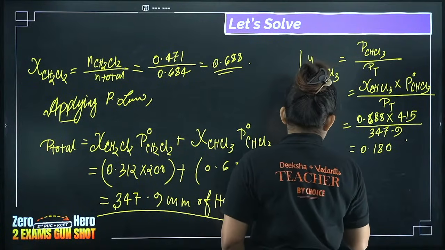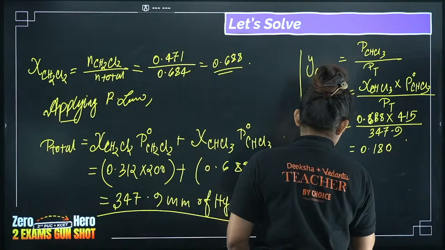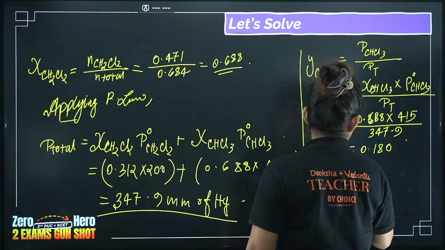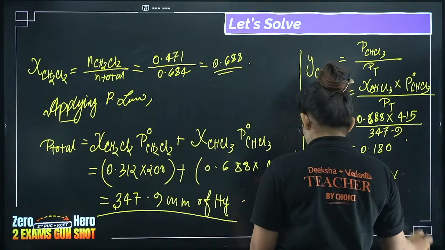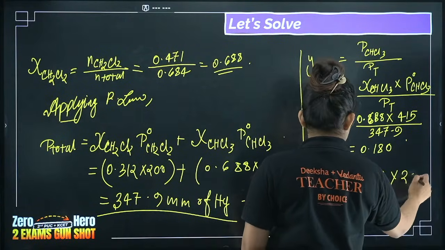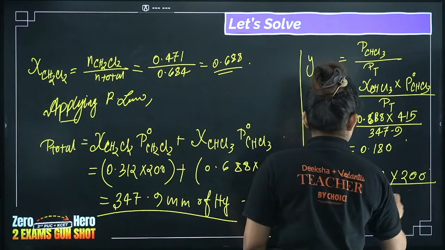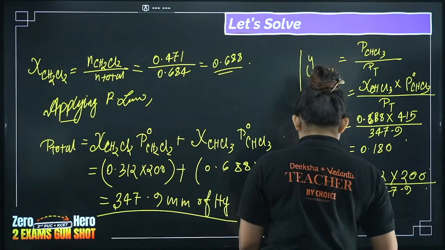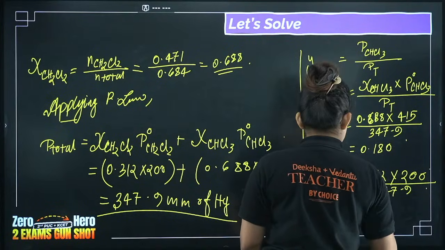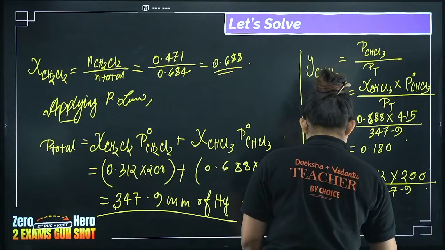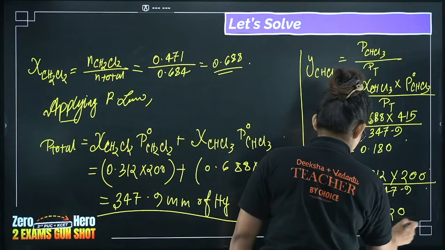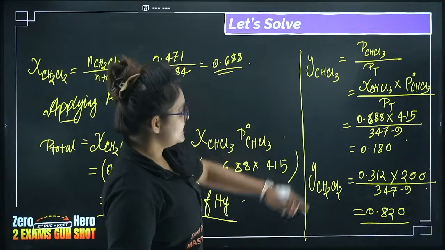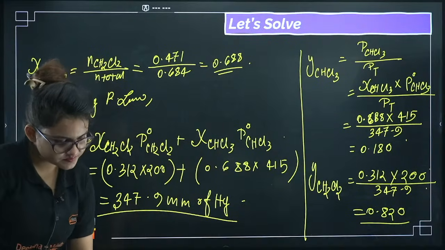Now y of CH2Cl2, if I do the same thing, you can put here 0.312 into 200, right, divided by 347.9. For this case you will get 0.820, or in a simplified version you can do 1 minus y of CHCl3, that will also give you the answer.